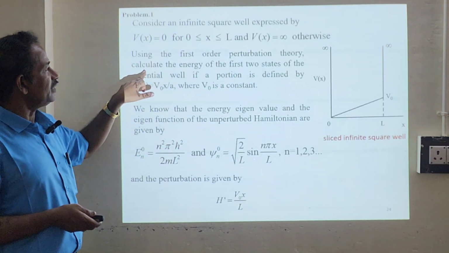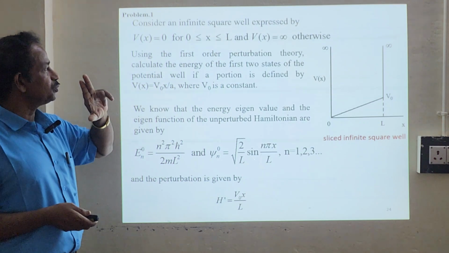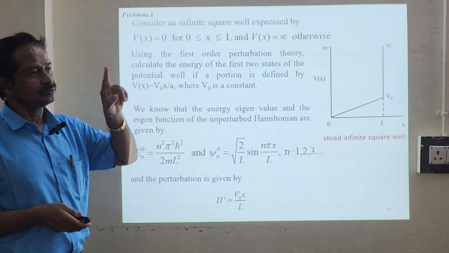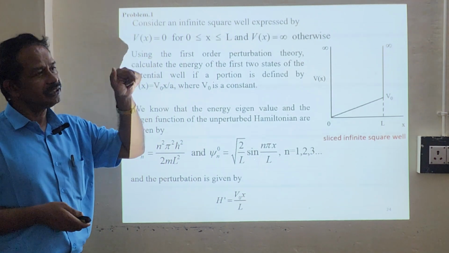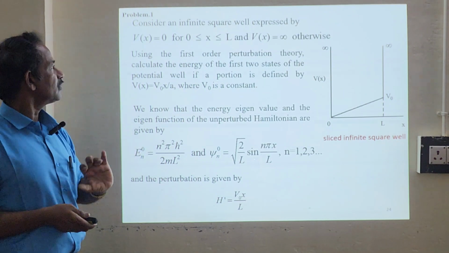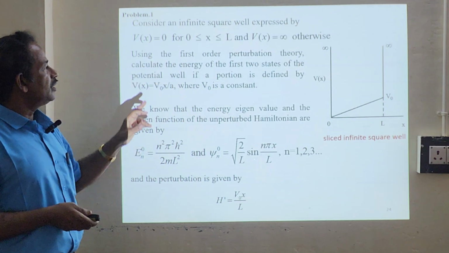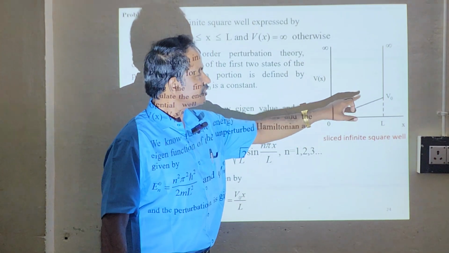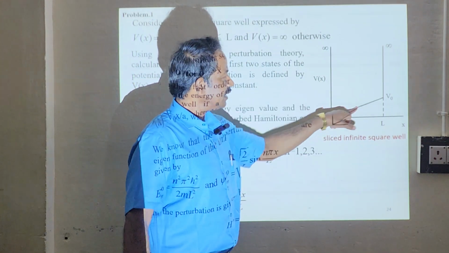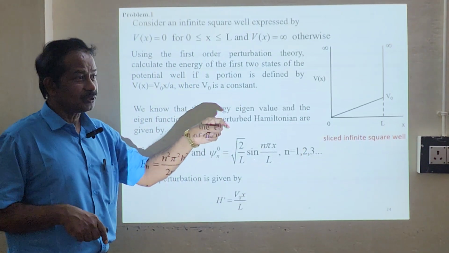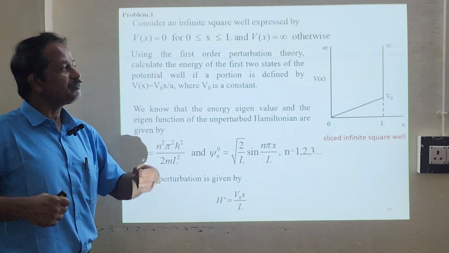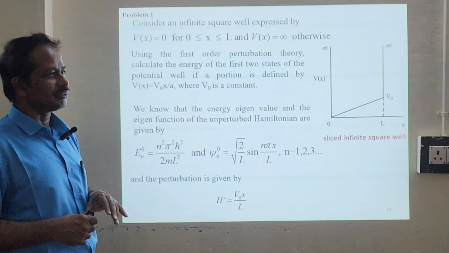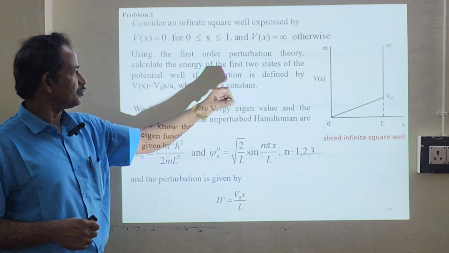Using first order perturbation theory, calculate the energy of the first two states, that is n equal to 1 and n equal to 2, of the potential well if the bottom is defined exactly like this. This is called a sliced infinite square well. See, sliced. It is not a uniform infinite square well. So perturbation has taken place.